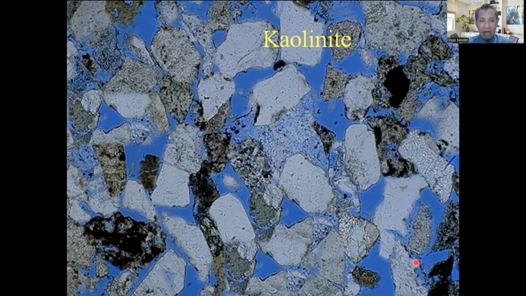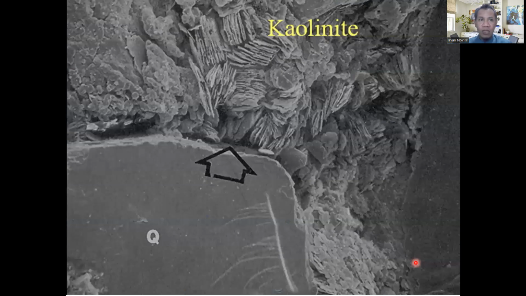So again, regarding the growth of kaolinite in the pore system, under thin section, blue stained plastic is used to represent the pore system. Everything that appears blue in the slide corresponds to the pore system. This technique helps to visualize and understand the distribution of kaolinite within the pore system. This is another close-up view of kaolinite, a type of clay mineral.